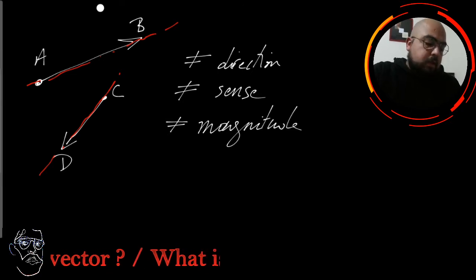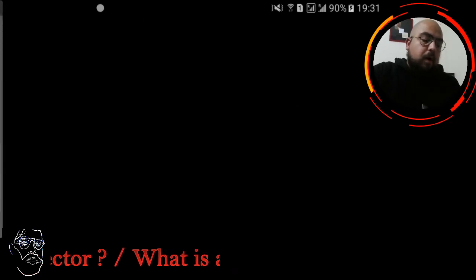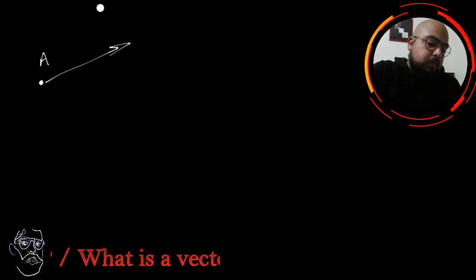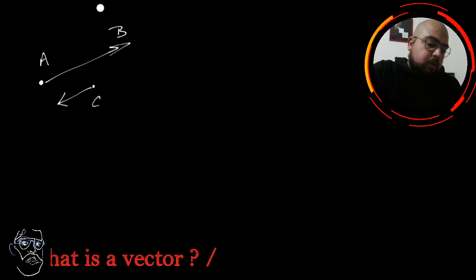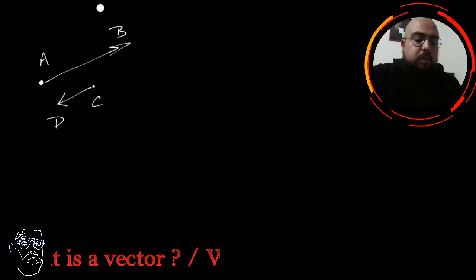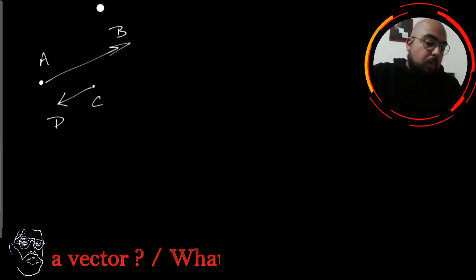Now the second case, what if I had something like this? This is my vector AB, and this is my vector CD. Now as you can see, they both have the same direction. They are both parallel.